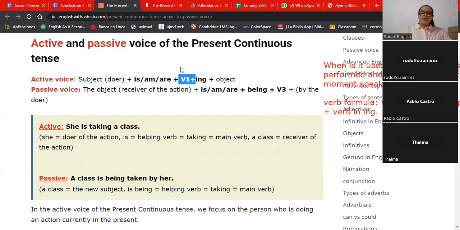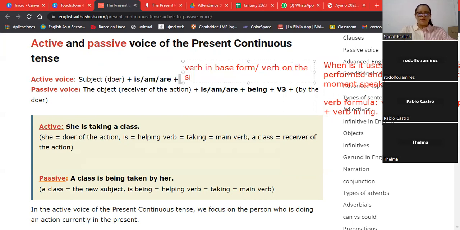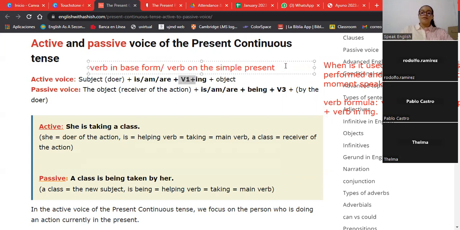The meaning of B1 is another way of saying verb in base form or verb in the simple present. In this case, we have the verb in base form plus ing. Now let's see the passive voice.